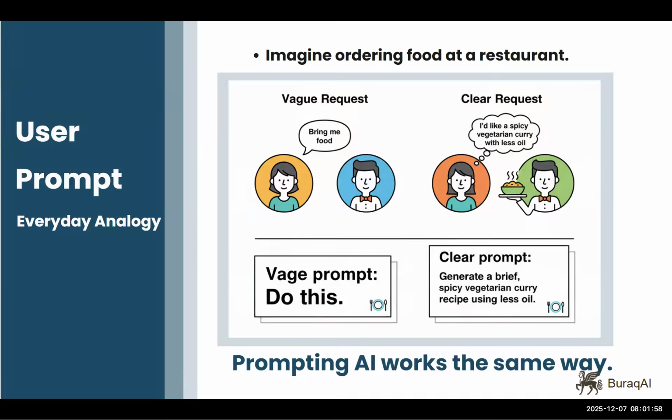The serving person would also ask, what is the spice level, what options are available, do you want it in a small or a big one? These are the nuances or fine instructions you need to get exactly what you want.